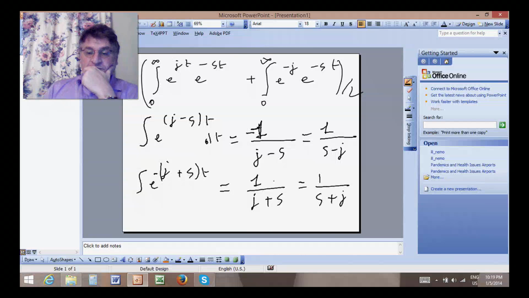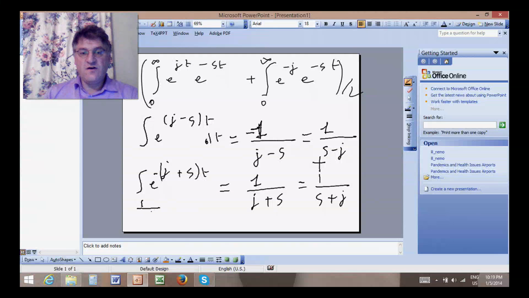And I sum up these terms to get what I need, which is the Laplace transform of the cosine: 1 over (s minus j) plus 1 over (s plus j), which gives us 2s over s squared plus 1.